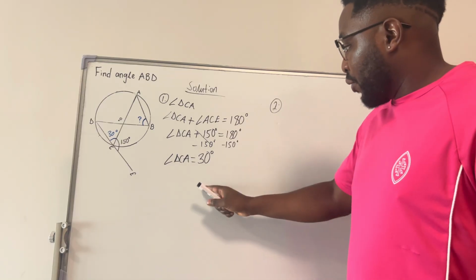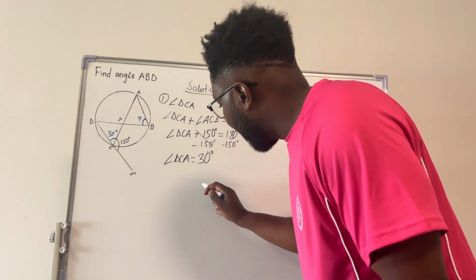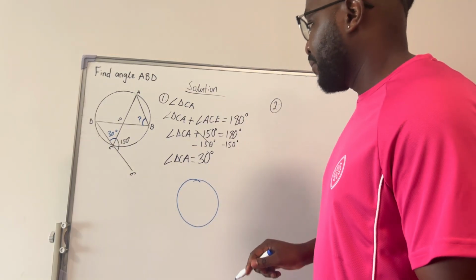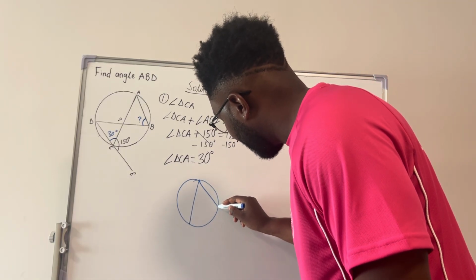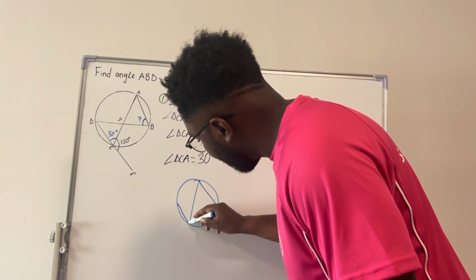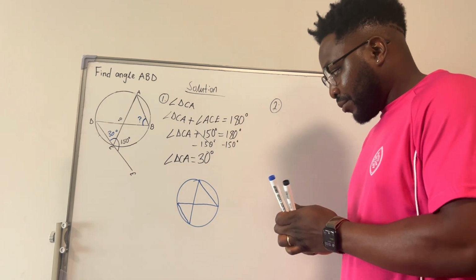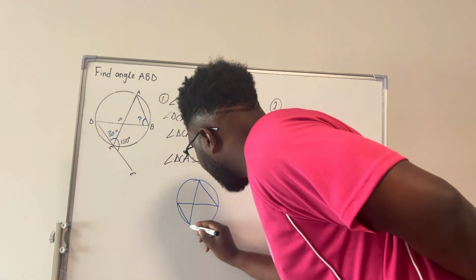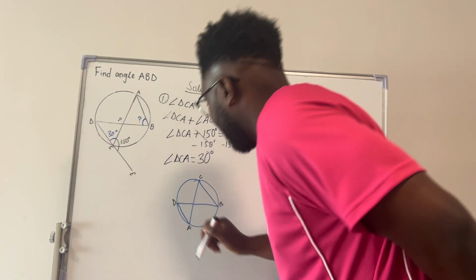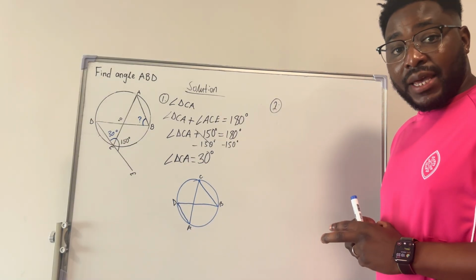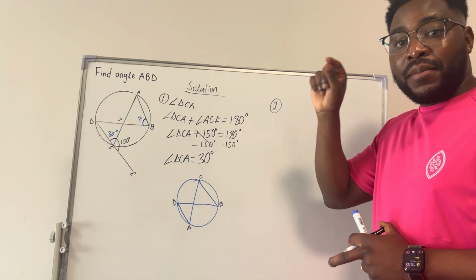What does that mean? I'll try to illustrate it here. Let me draw a circle. Let's say we have this circle right here, and allow me to label these points A, B, C, and D. Now, remember I said angles subtended by the same arc are equal.